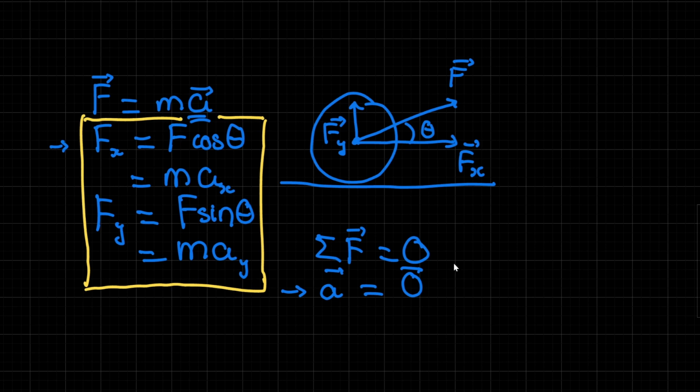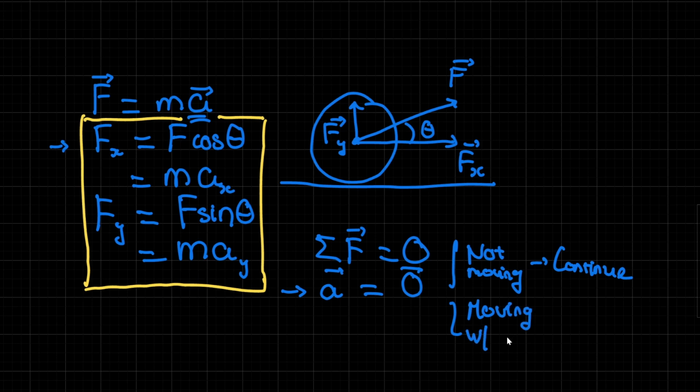And from this, if it is not moving, then it continues to stay still, or if it is moving with a constant velocity, it also continues with that velocity too.